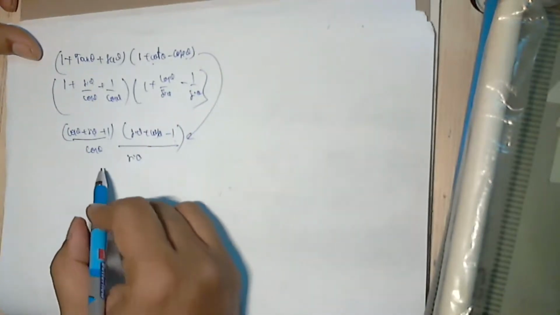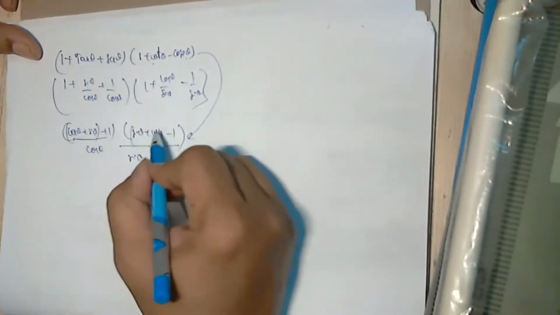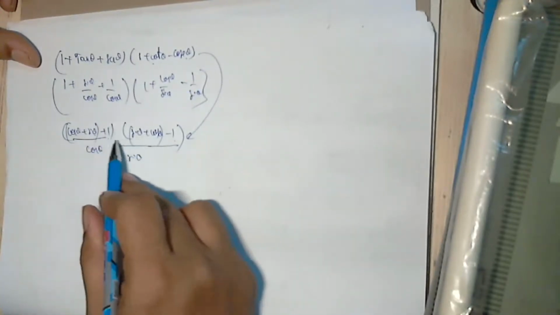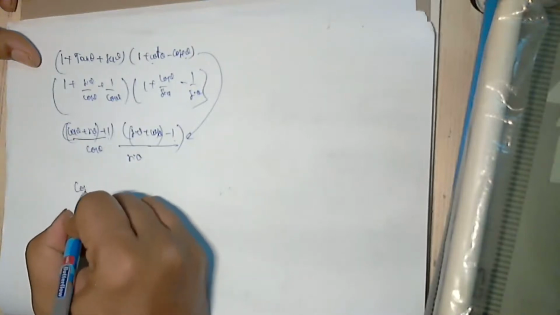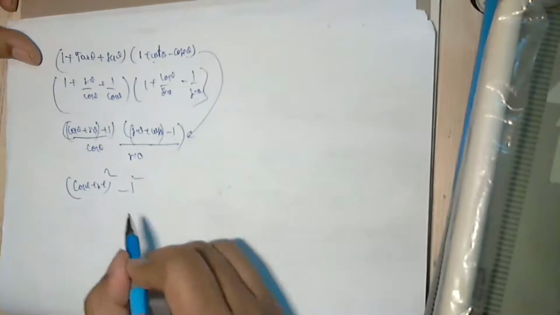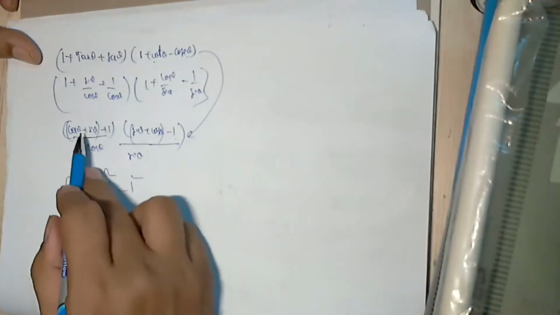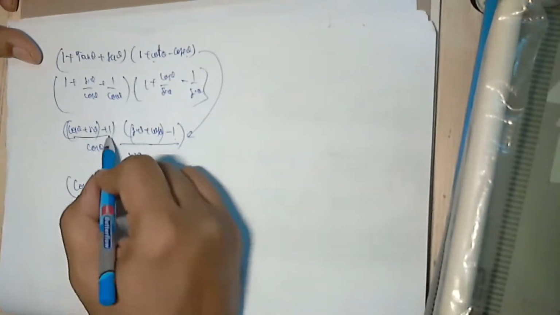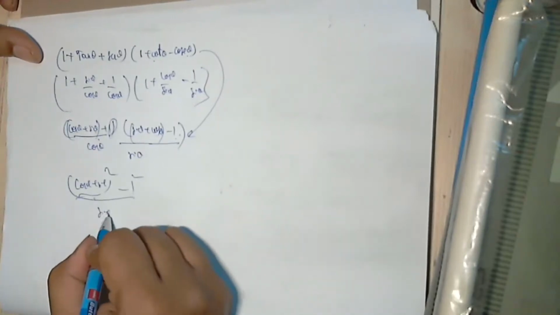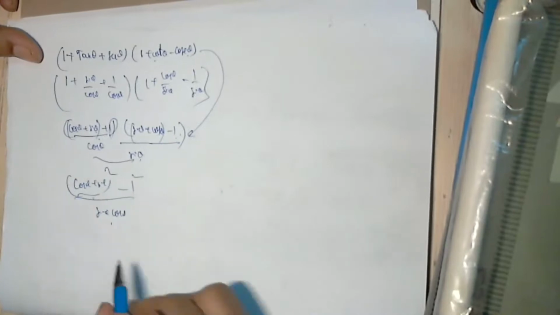Now I am multiplying. This is a plus b into a minus b, which is a square minus b square. A is cos theta plus sin theta, b is 1. So a square is cos theta plus sin theta whole square, minus 1, by sin theta cos theta.